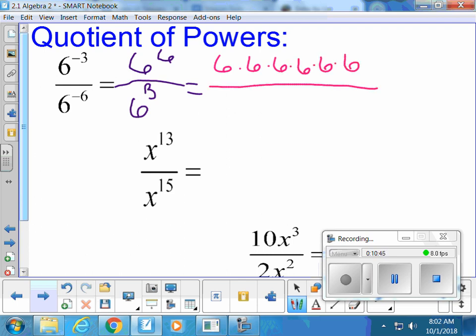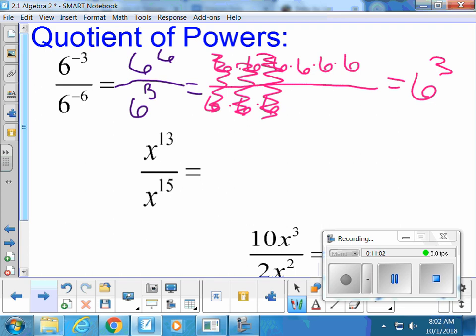I have 3 sixes living in the bottom: 1, 2, 3. And then they cancel top and bottom. How many will cancel? 3 of them. So I'll have 3 of them left at the top, 6 to the third. What is 6 to the third? 216.